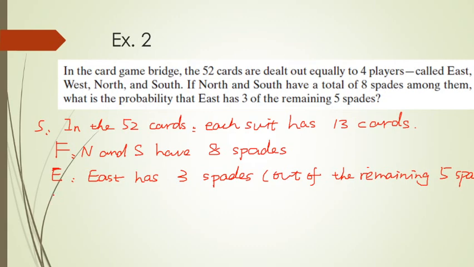So we need to figure out the conditional probability of event E, that east has 3 spades under the condition that north and south have already got 8 spades. That is how we represent this probability as a conditional probability.